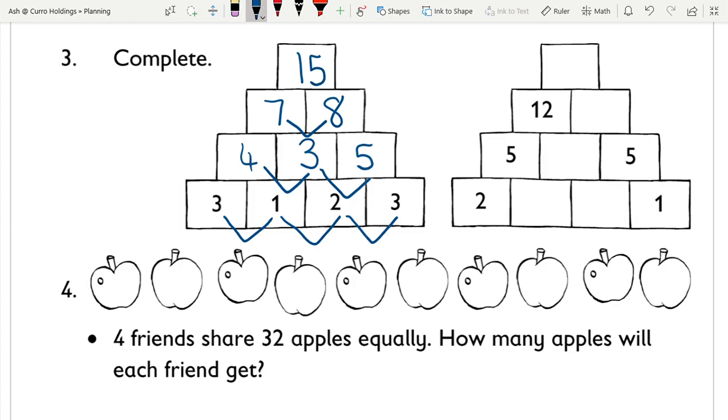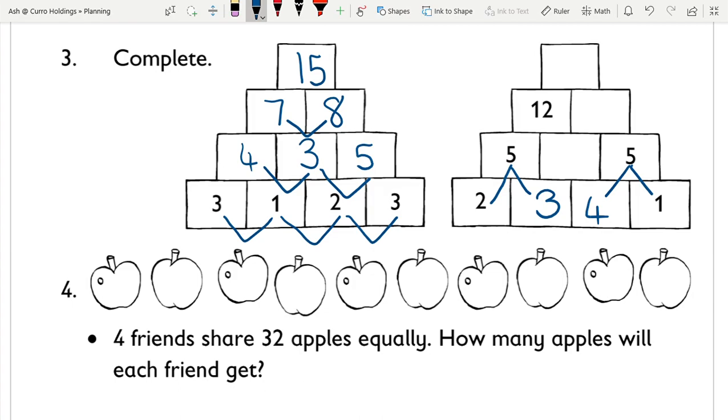Then the next pyramid can seem a little bit tricky, but don't stress, it's really, really easy. So if we simply had to say 5 minus 2, our answer would be 3. And if we had to say 5 minus 1, our answer would be 4.